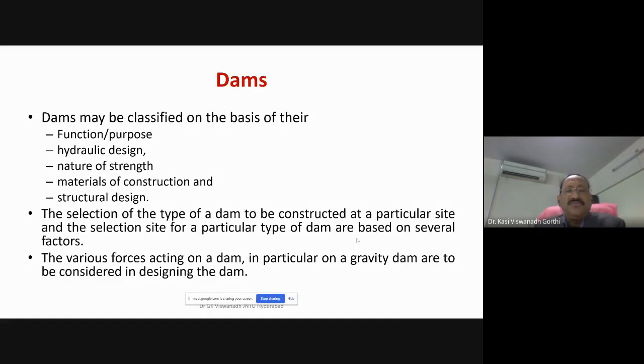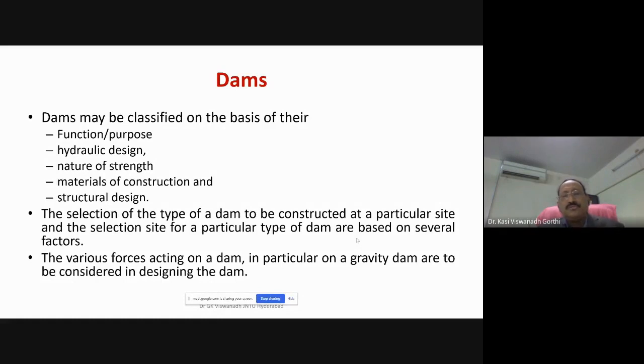The selection of the type of dam to be constructed at a particular site and the selection of a site for a particular type of dam are based on several factors. There are two things. One is how to select a particular type of dam for a given site. Second is how to select a suitable site for a particular type of dam.